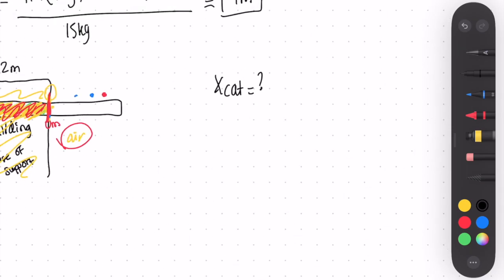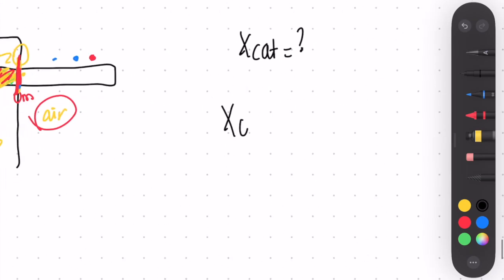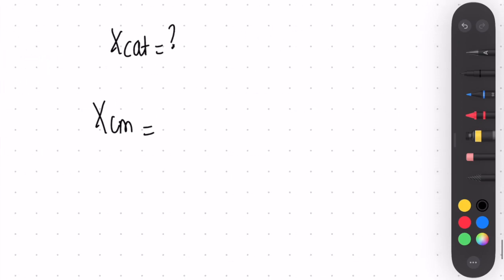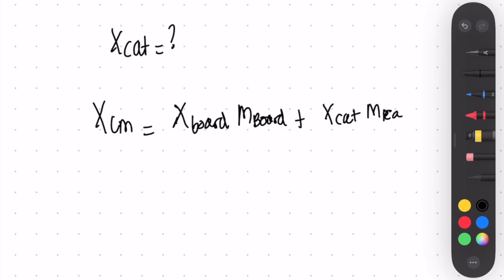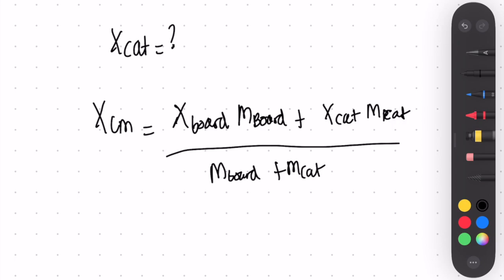Okay, so we have center of mass is going to be equal to the center of mass of the board times the mass of the board, plus center of mass of the cat times mass of the cat, over mass of the board plus mass of the cat. Did I miss something?